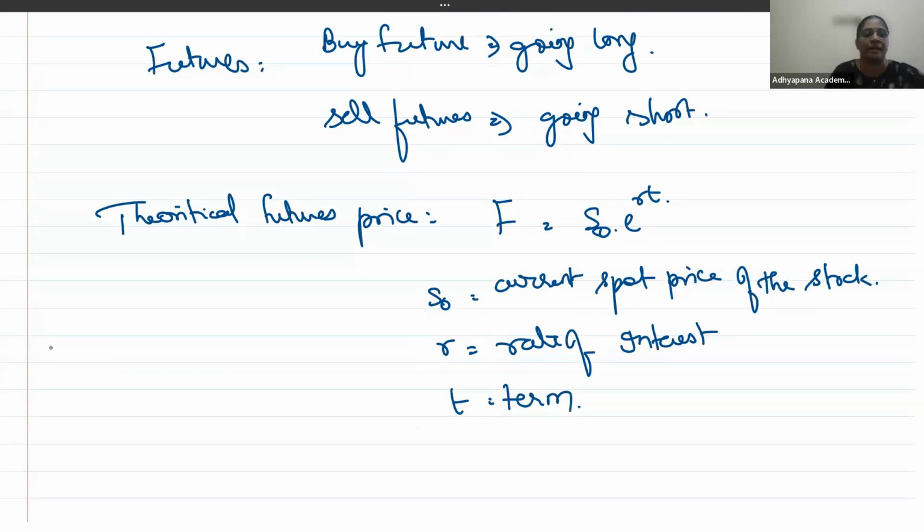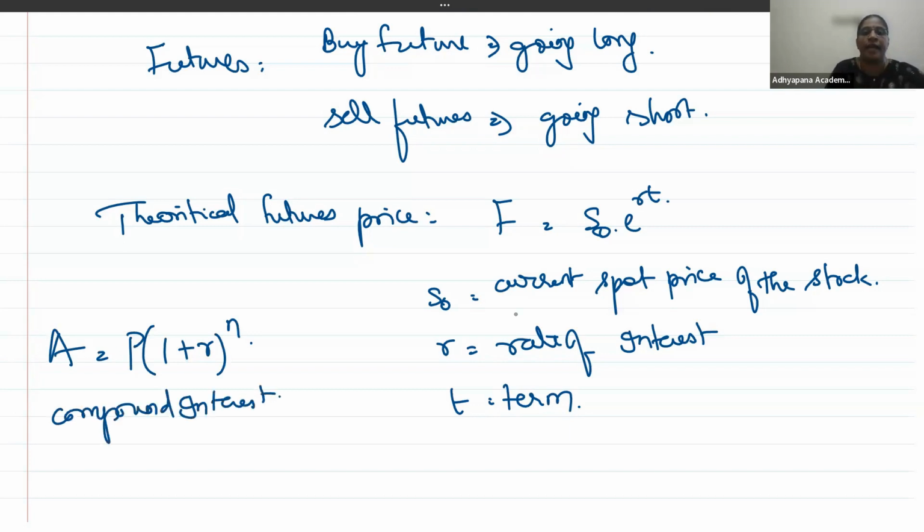Okay. So you might have already studied in time value of money, A = P(1 + R)^N. This is the compound interest formula. Correct? Whereas in futures contracts, or in derivatives, it is exponential growth of the price. The current spot price will grow exponentially in the futures market.